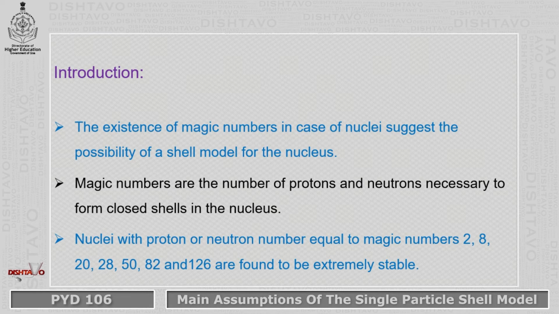Nuclei with proton number or neutron number or both proton and neutron number equal to magic numbers 2, 8, 20, 28, 50, 82 and 126 are found to be extremely stable.